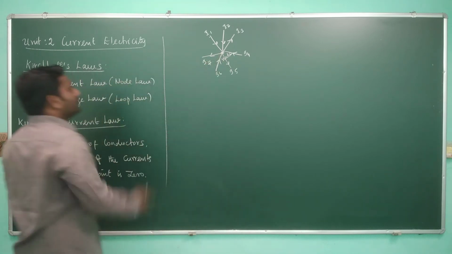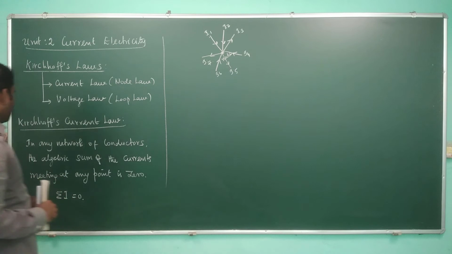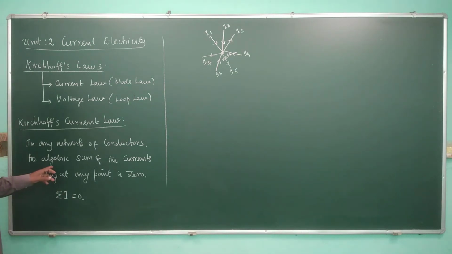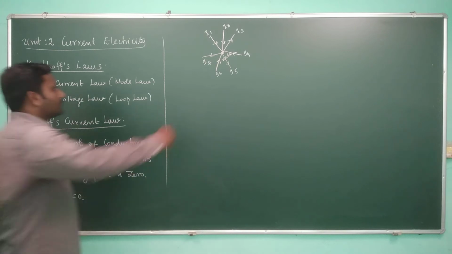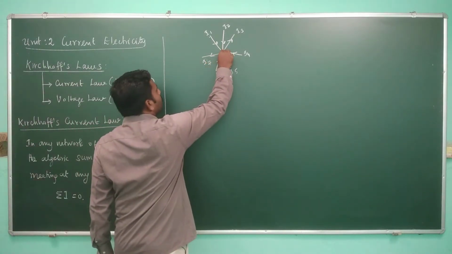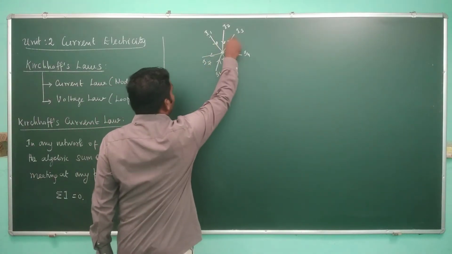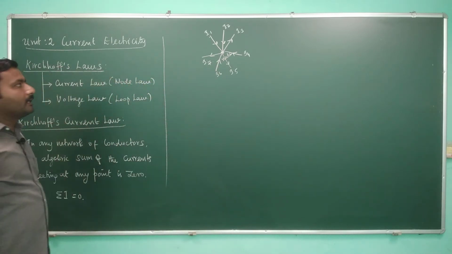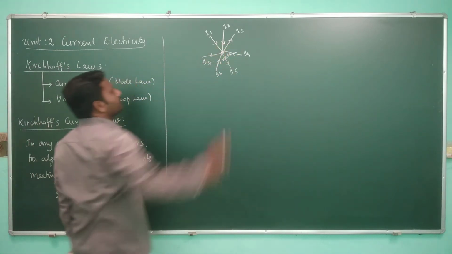Now you can name the currents flowing through each wire. So this is the situation. Now, what is the algebraic sum of the currents meeting at any point? This point is a node. A node is a point at which all these currents are meeting. Now we have to calculate the algebraic sum.